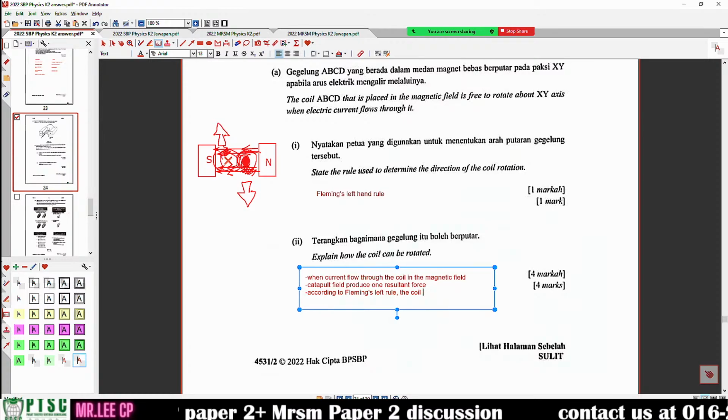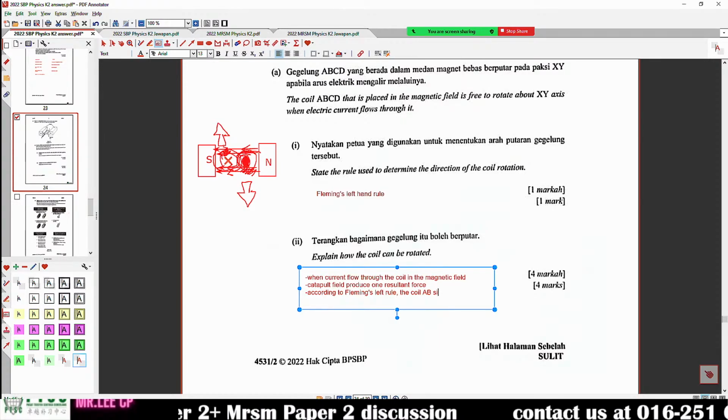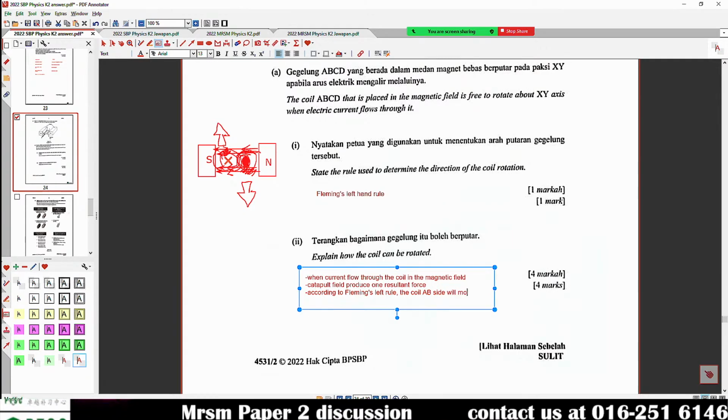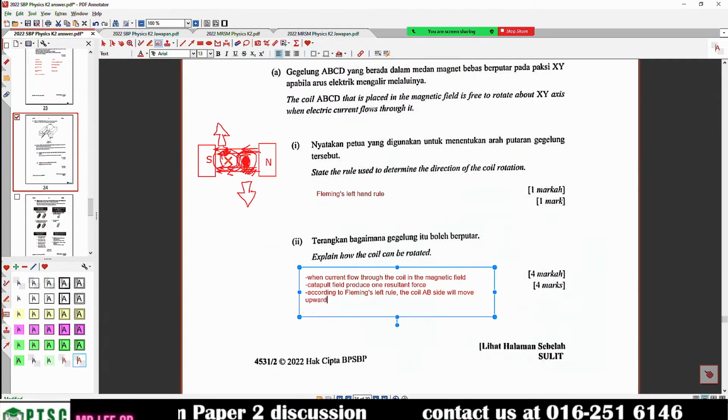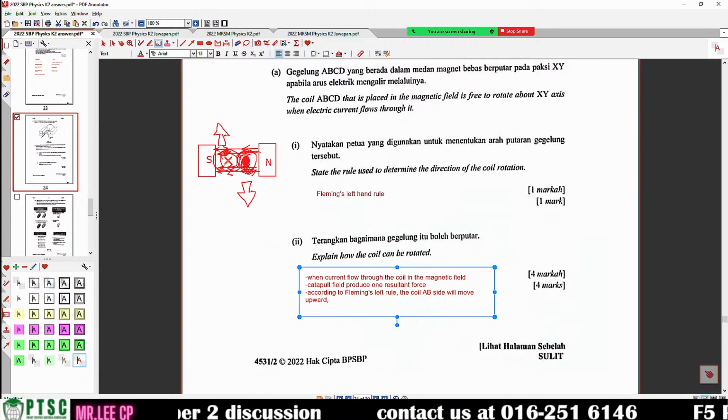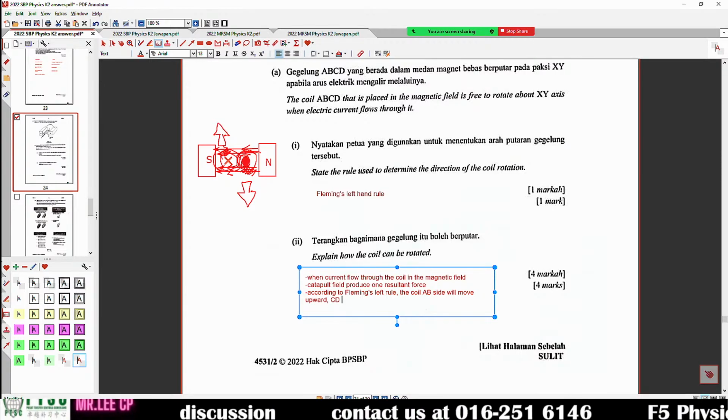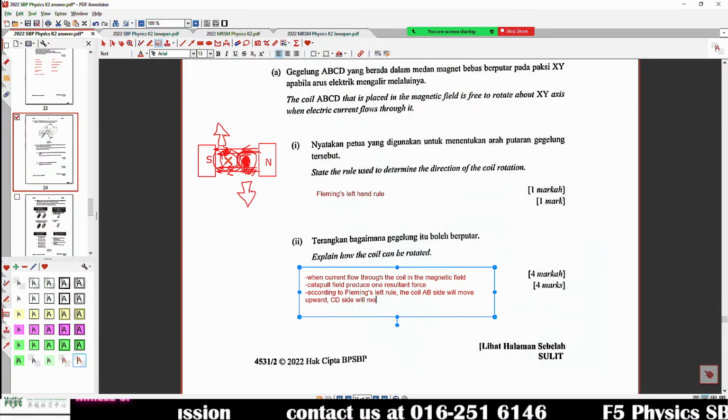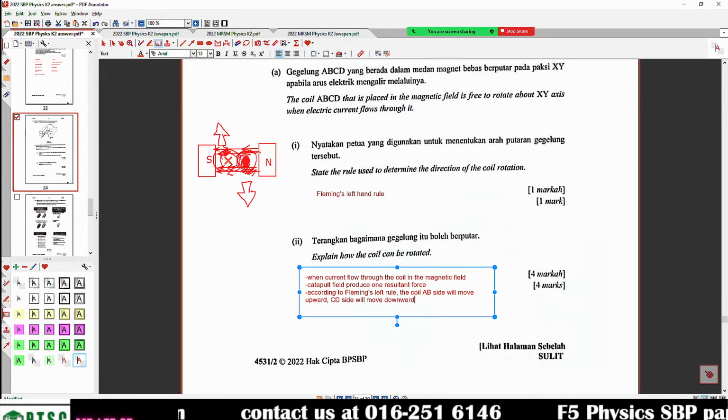The AB side of the coil will move upward, and the CD side will move downward.